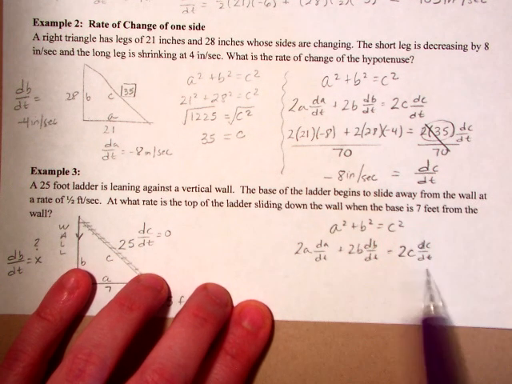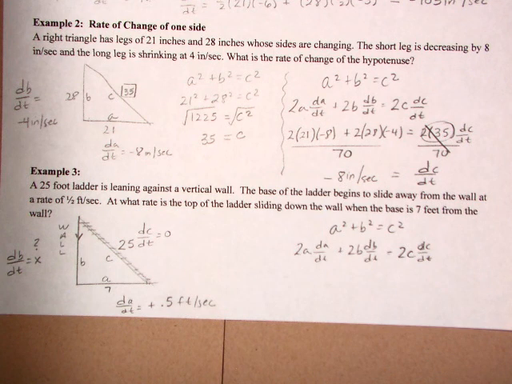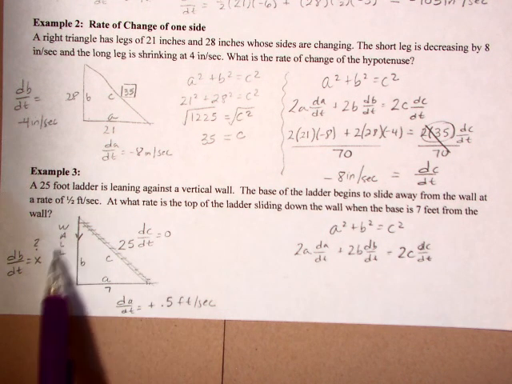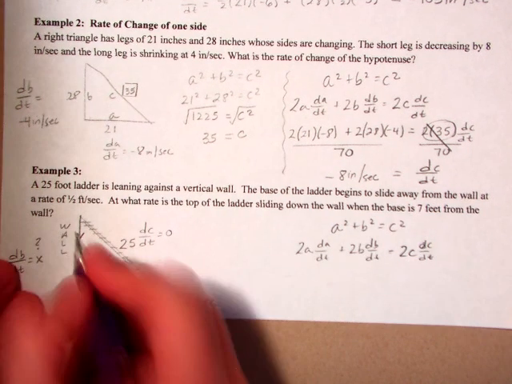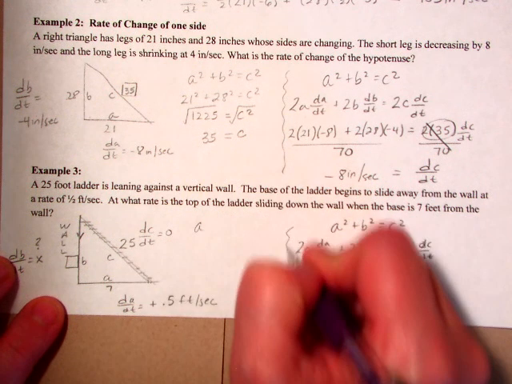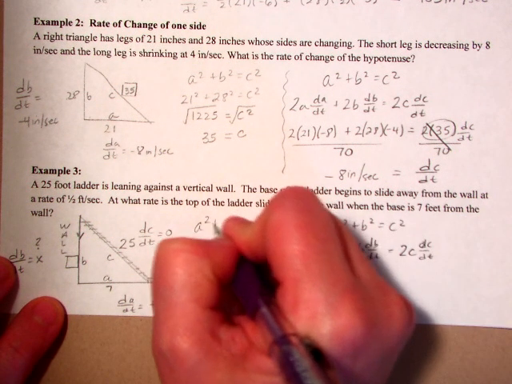And recognize once again we have 6 unknowns. In this problem I have 1, 2, 3, 4. I need one more. So again, I'm going to have to back solve to find the length of b in the moment that the 25-foot ladder is 7 feet from the wall. So let's do a quick subcalculation.